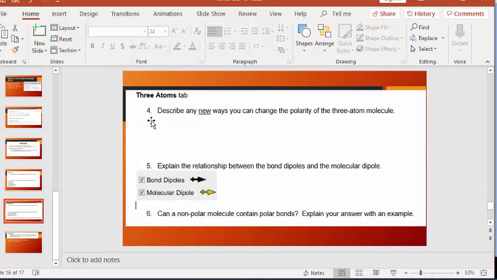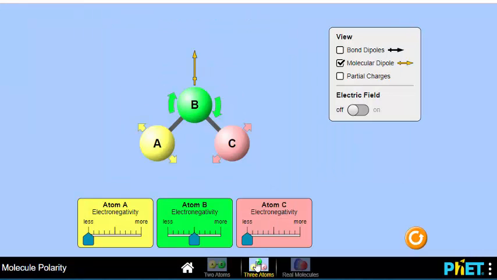Next, you're going to click on the 3 atoms tab. On the 3 atom tab, it says describe any new ways you can change the polarity of the 3 atoms. So when we are on the 3 atom, any new way I can change the polarity? Well, we know we can do this. And when we do that, we also see that there's a different type of arrow, right?